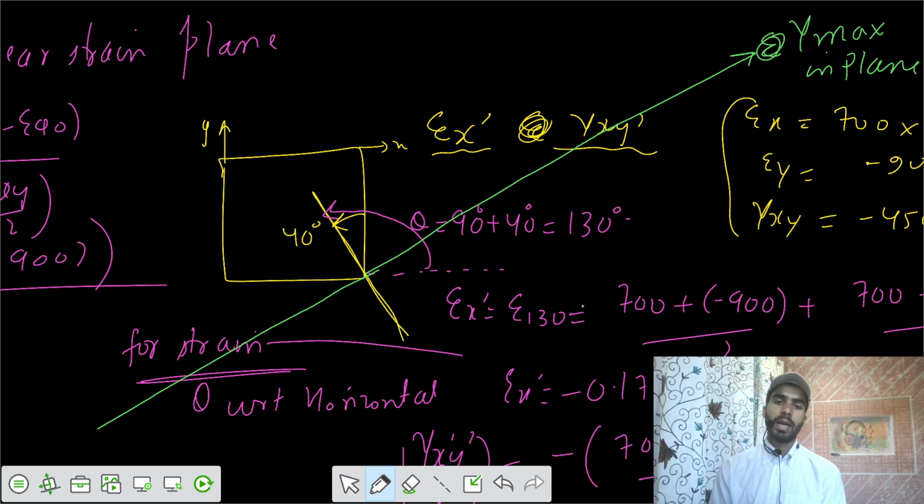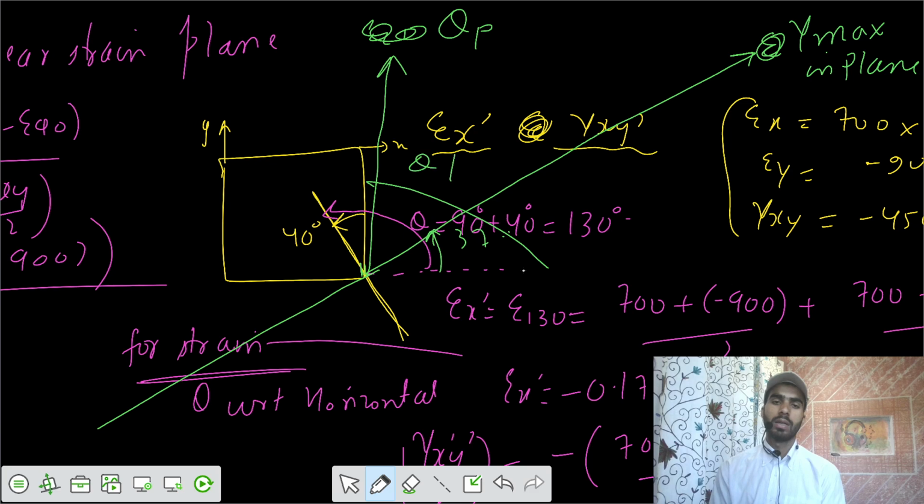Adding an angle of theta equal to 45 from this plane, this was your 37, so 37 plus 45, gives some value. This is your theta p location. You can say E1 location or E2 location. This is our theta p.